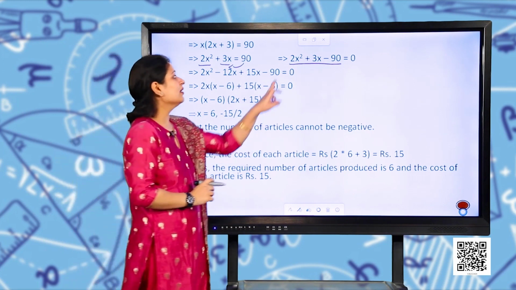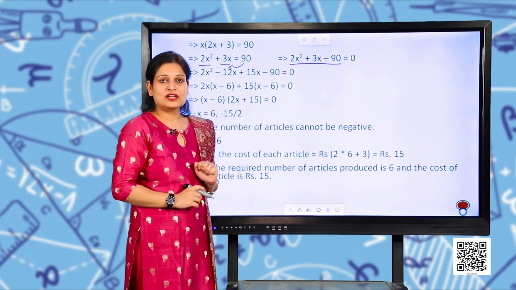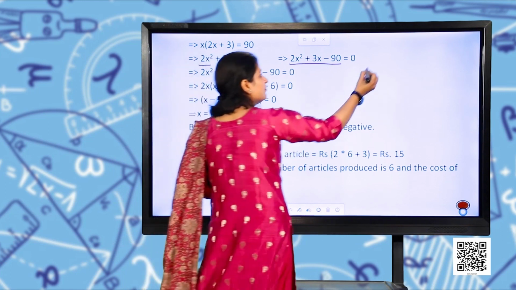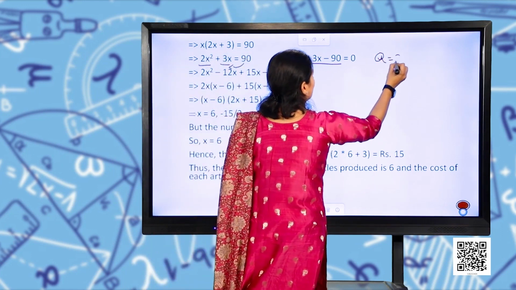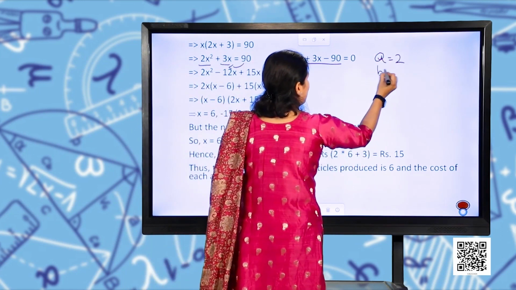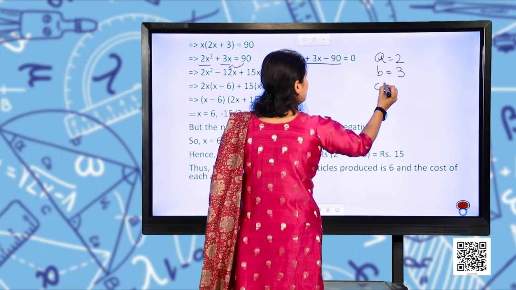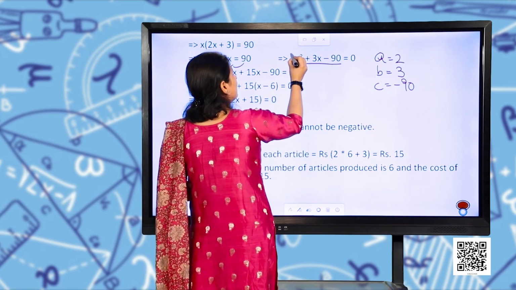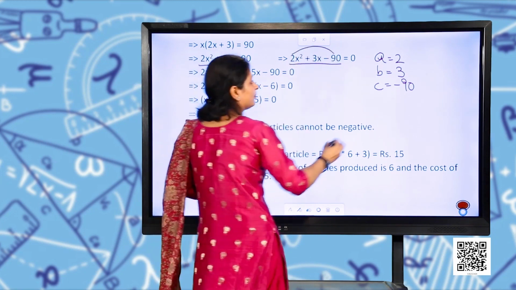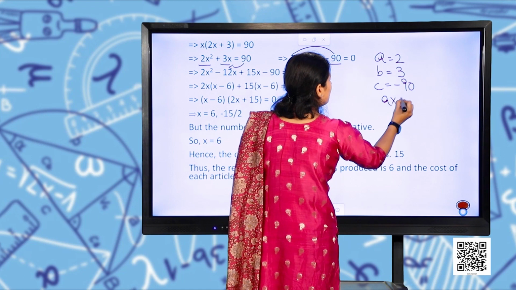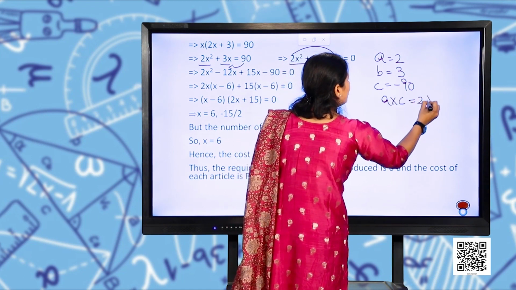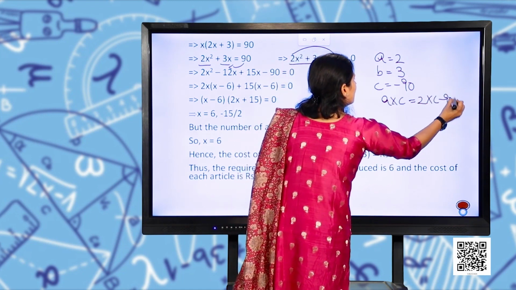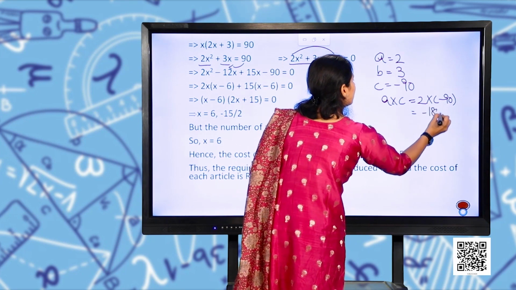As you can see here, the coefficient of x square is 2. Means I have the value of a as 2, b as 3 and c as minus 90. So, I need to multiply 2 by minus 90. So, a into c means you will get 2 into minus 90, so the answer is minus 180.